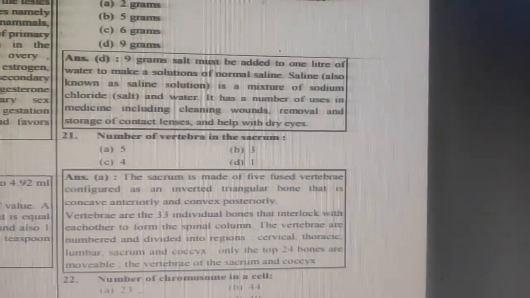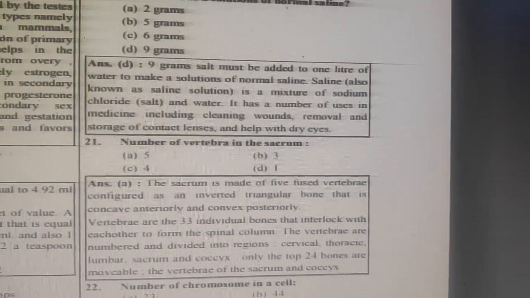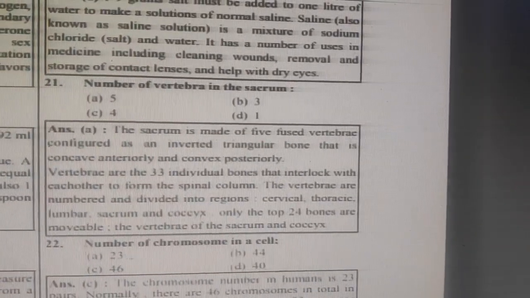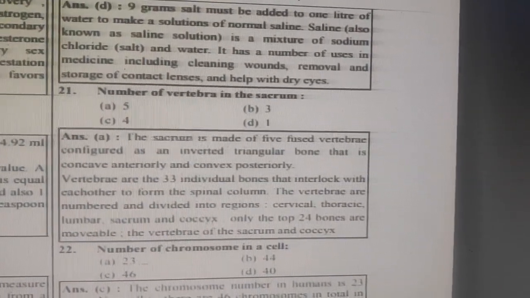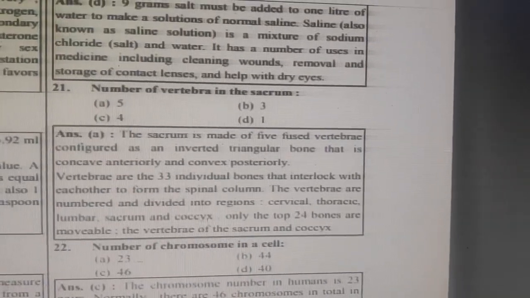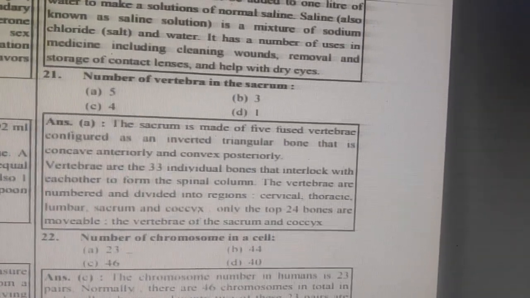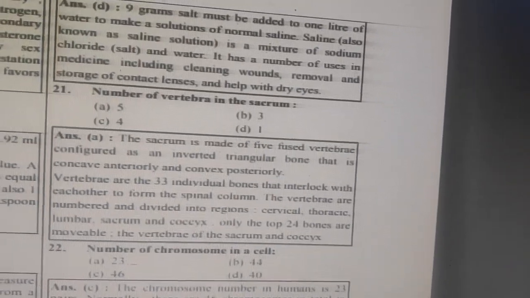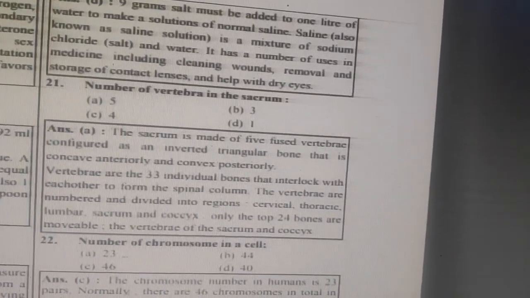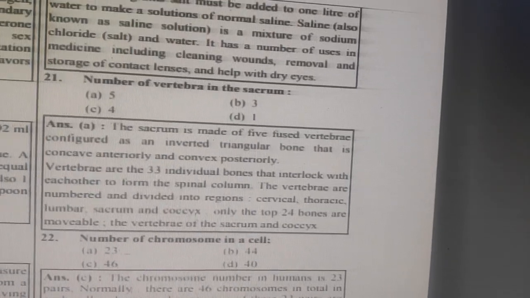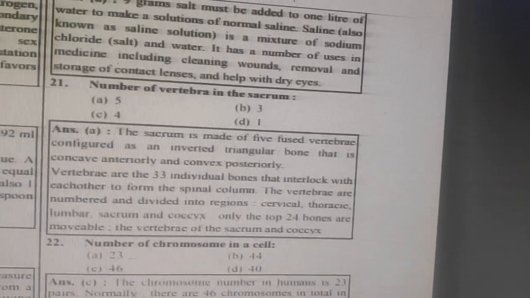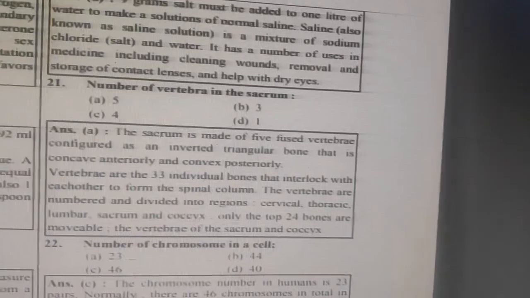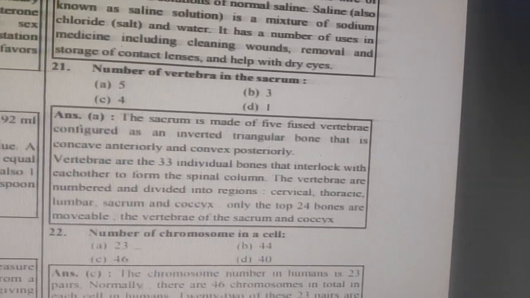Number of vertebrae in the sacrum is a total of 5. The sacrum is made of 5 fused vertebrae forming a triangular bone that is concave anteriorly. The vertebrae are the 33 individual bones interlocked with each other to form the spinal column.